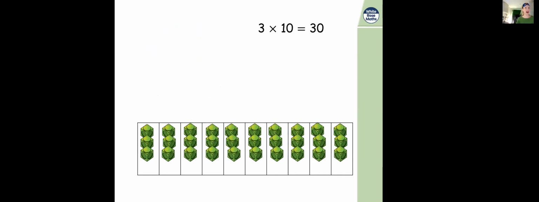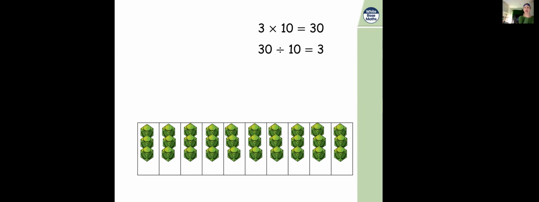Is that what you thought might happen? How many is in each group then? 1, 2, 3 cubes in each group. So 30 shared into 10 groups equally is 30 divided by 10 equals 3.